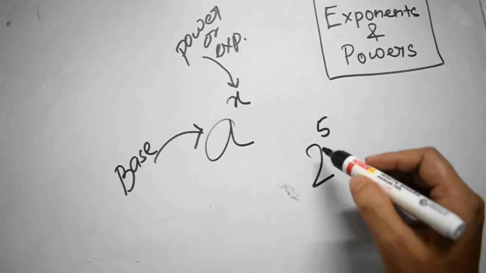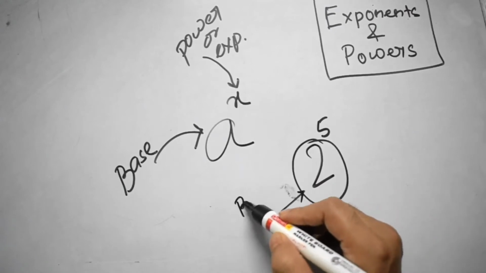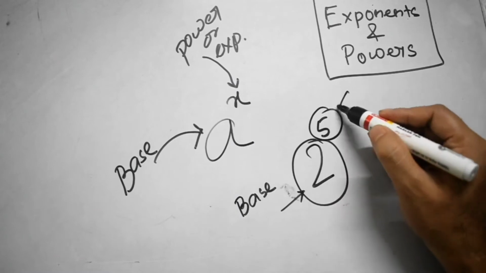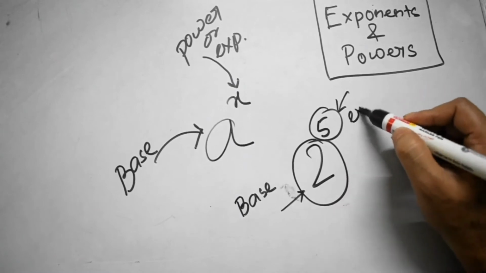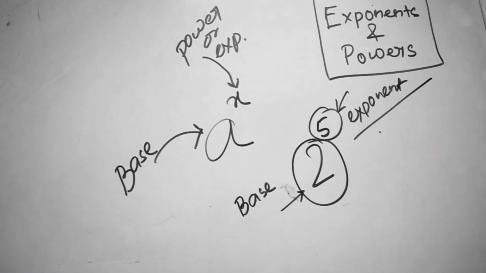Like that, here 2 will be our base and this is our exponent. So this is the basic idea about base and power or exponent.